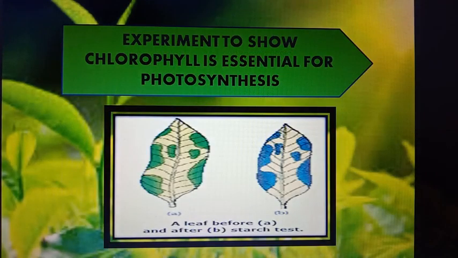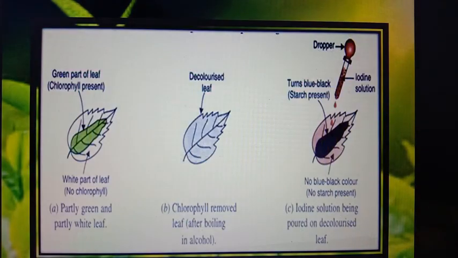Next experiment is to show chlorophyll is essential for photosynthesis. For this experiment, requirements are a plant with variegated leaves like croton, alcohol, water, beaker, test tube, iodine solution and normal paper.